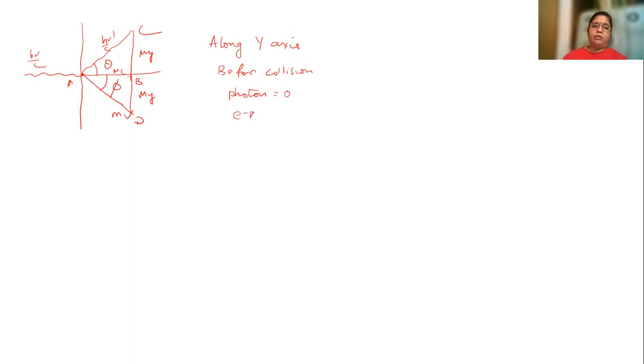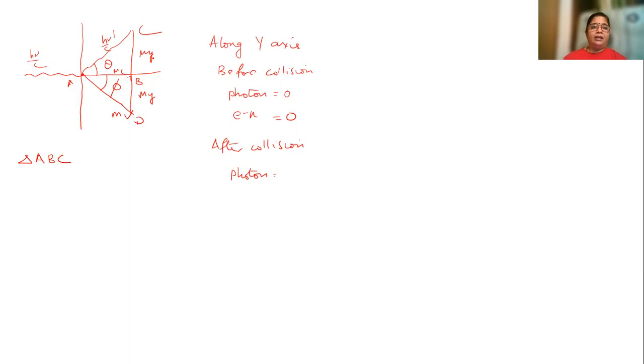Anyway, we know momentum of electron before collision also is 0. Now let us take the case of after collision along y-axis. Let me take the case of photon first. Consider triangle ABC.